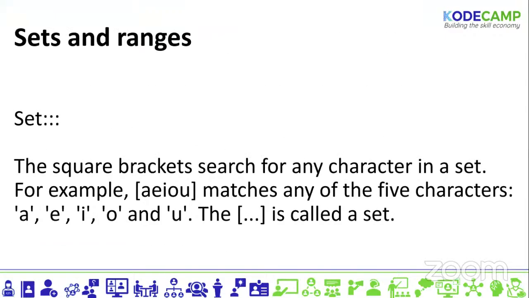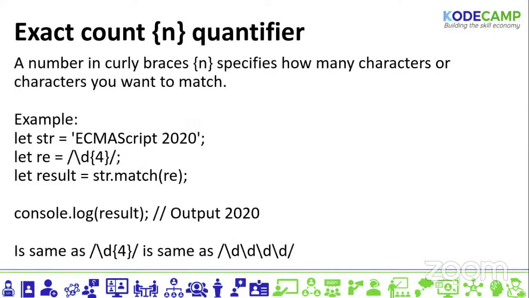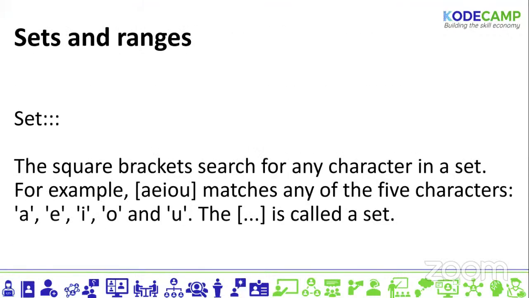So let's look at sets and range. Note there are range quantifiers and there is range. Range quantifiers are a type of quantifier. So you have the count quantifier, you have the range quantifier, and you have sets and range. Let's look at what a set is.